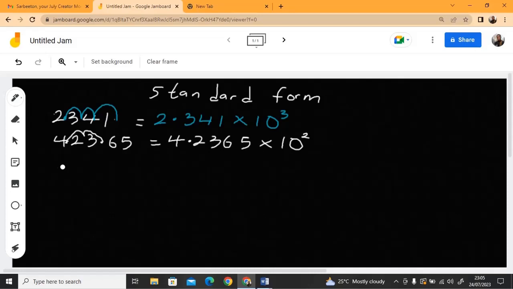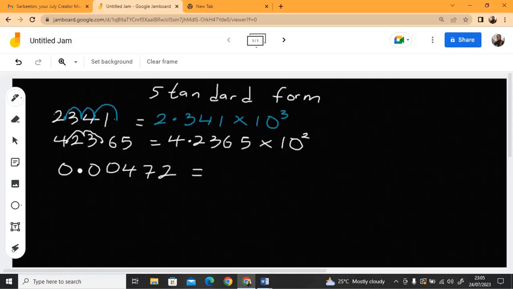Let's assume you are given another one, let's say you have 0.00472. Now this is a number less than 1. Anytime an ordinary number starts from 0 point, it means you are going to have a negative power of 10.